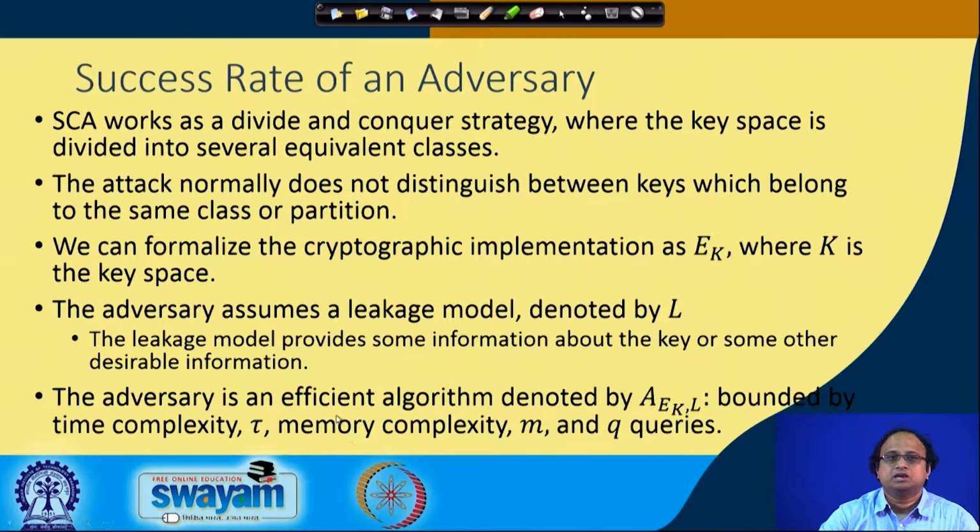This means that in order to return the equivalence partition for the key, the adversary requires time denoted by tau, the memory complexity is bounded by m, and it can make q queries. It is important to keep in mind that the adversary needs to be an efficient algorithm. We are not considering unbounded adversaries in this case; we are considering computationally bounded adversaries.